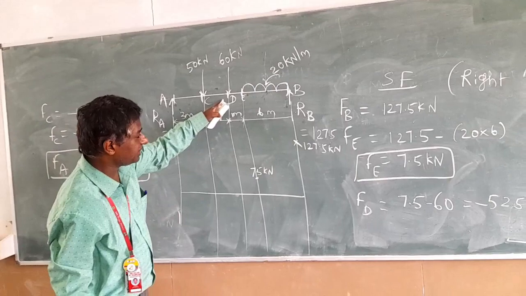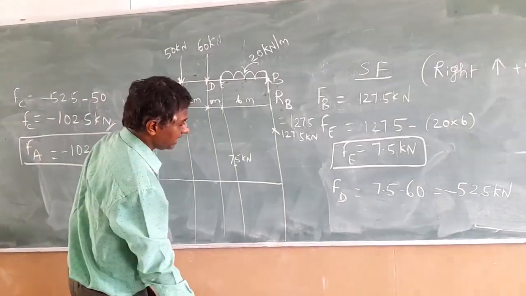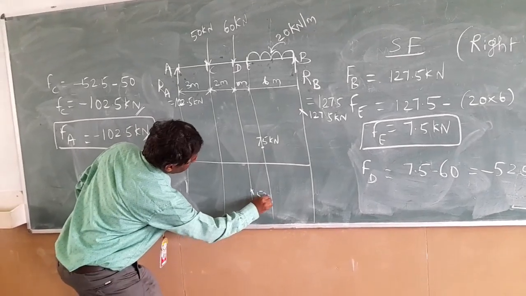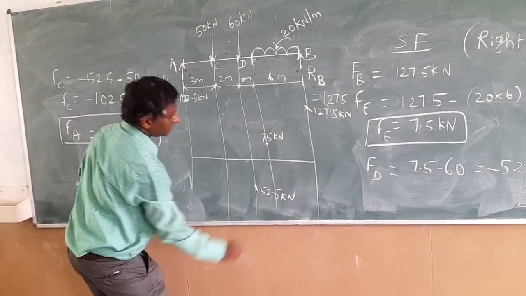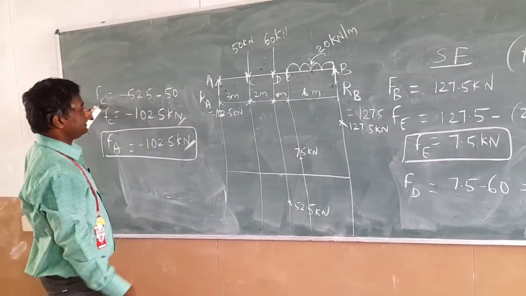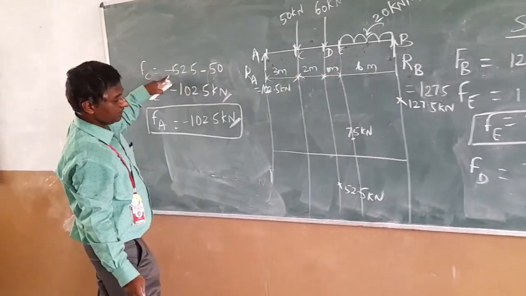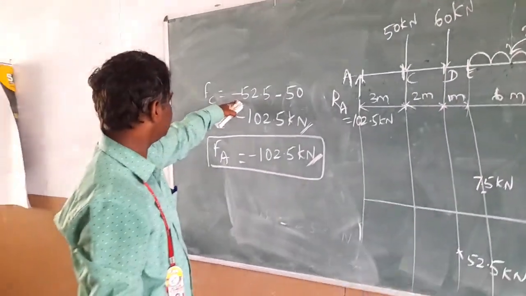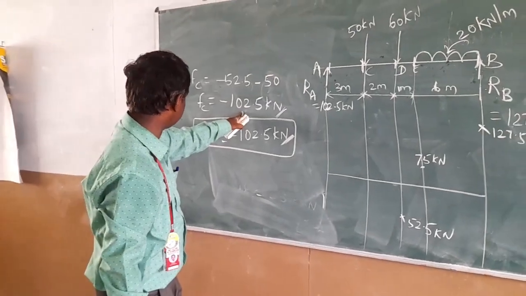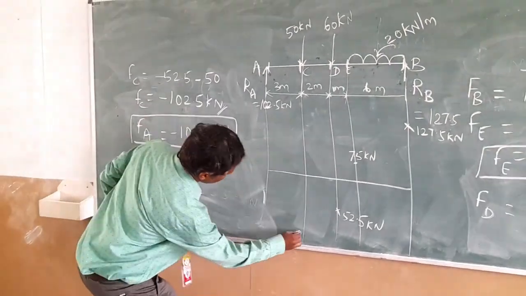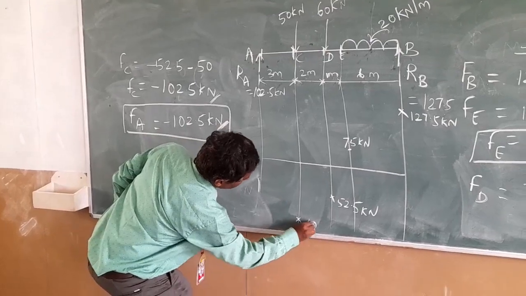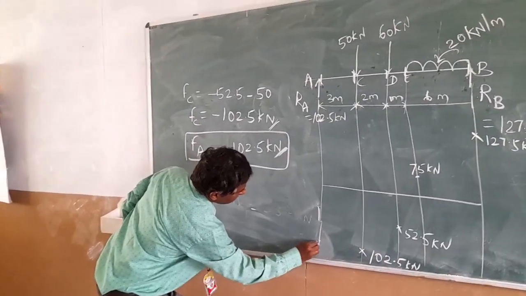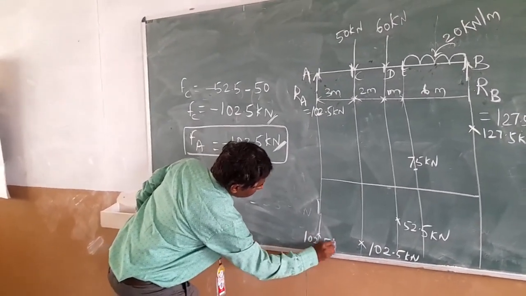And at point D it is negative, minus 52.5 kilonewton. And at point C it is the same value. Okay. At point C it is minus 102.5, so 102.5 kilonewton. At point A, the same value, it is 102.5 kilonewton.